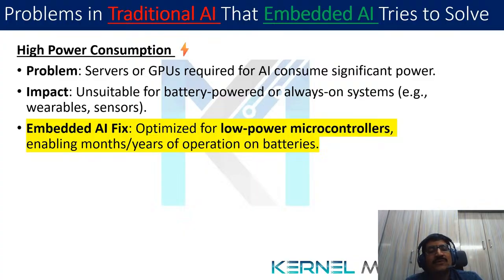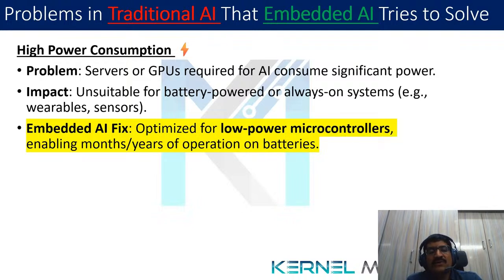Power consumption we also discussed as one of the biggest problems. Definitely a GPU, graphical processing unit, consumes more power because of image analysis and data analysis. But embedded AI uses low power microcontrollers. The meaning of low power microcontroller is ultra low, microwatts.